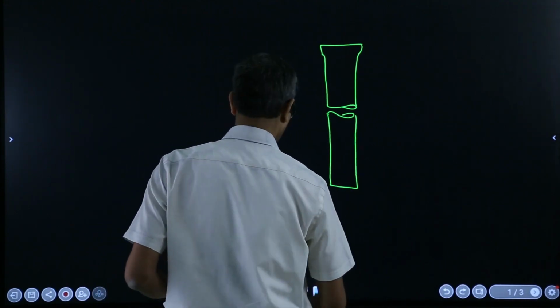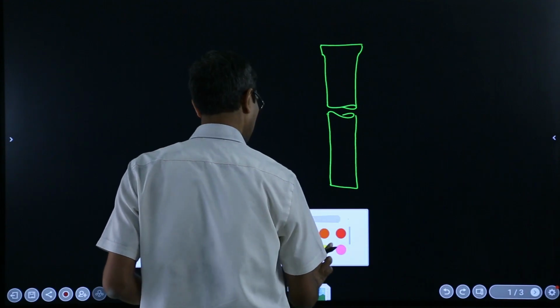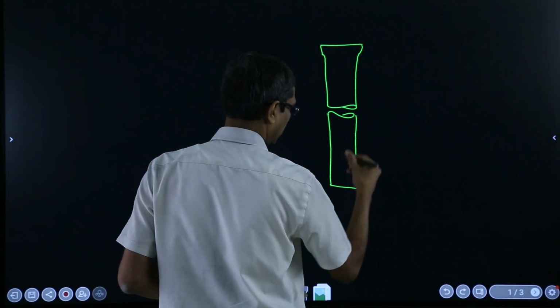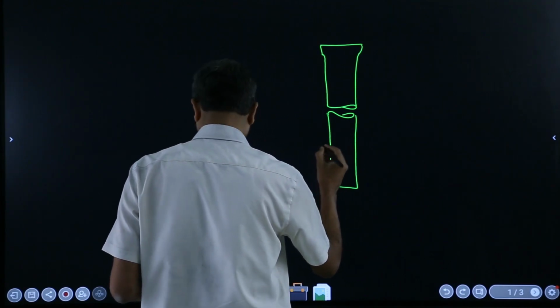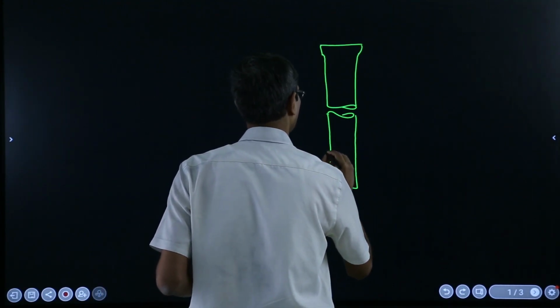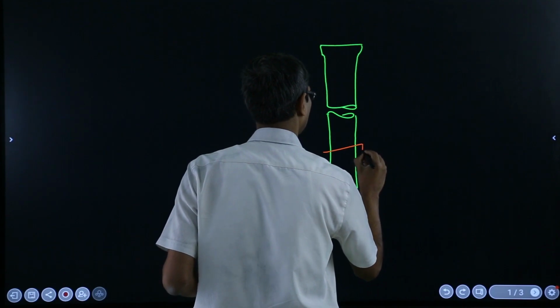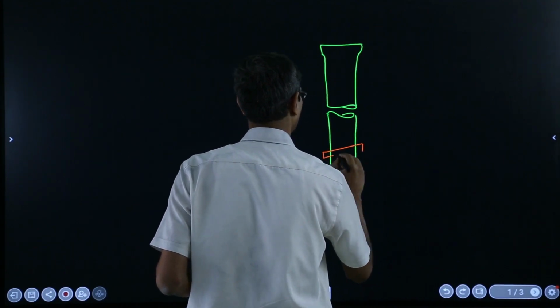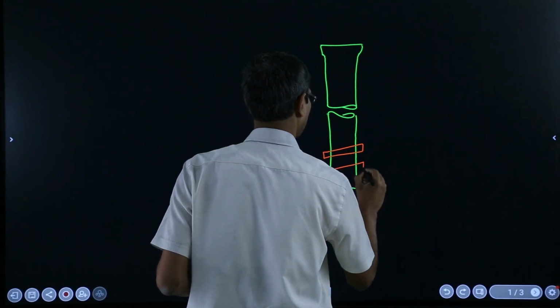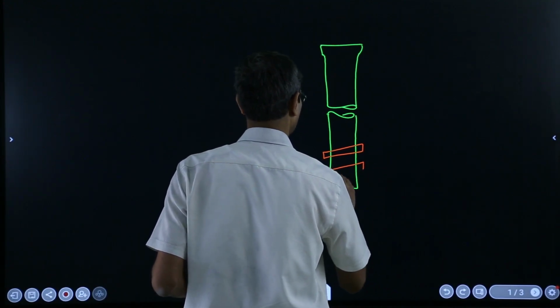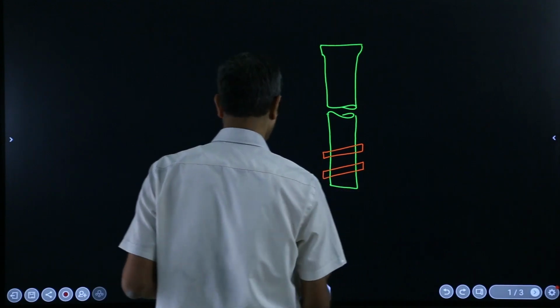Okay, now on this part I'll draw, though they are the same material, I'm just trying to draw it using a different color so that it will be clearer, nothing else. It doesn't mean that these are of different materials.